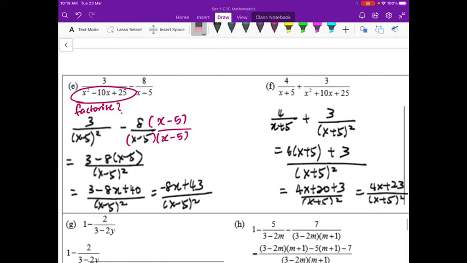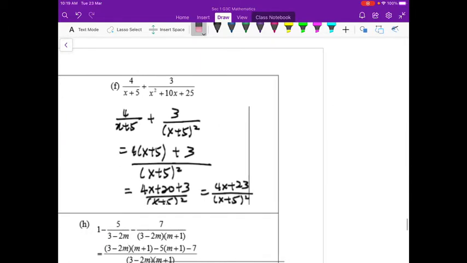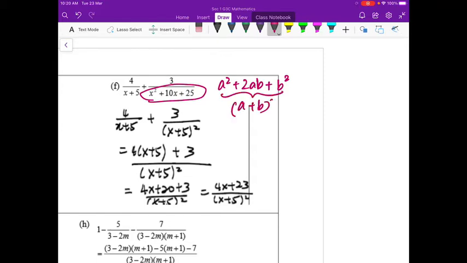Then moving on to part F. Very similar question in the denominator for the second one. This is a case of a squared plus 2ab plus b squared, where our a has a value of x and our b has a value of 5. So this is combined to give us a plus b squared.